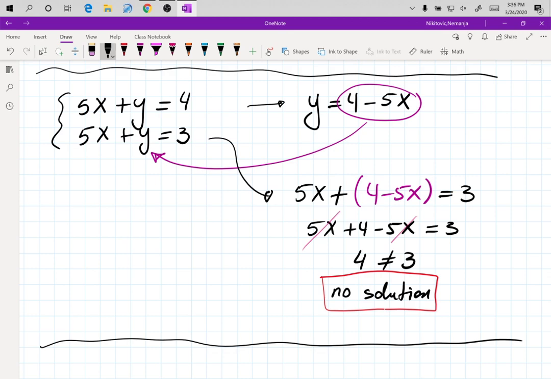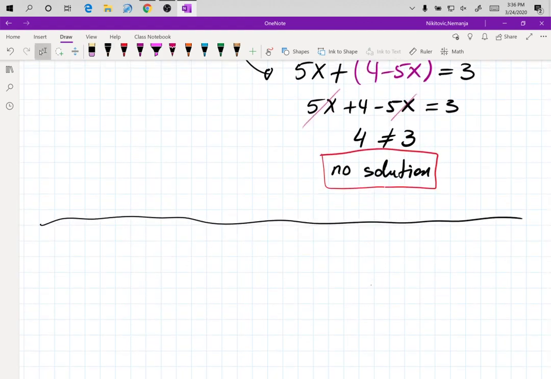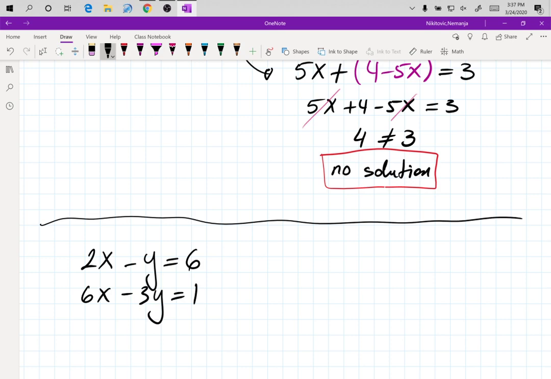Let's see if we can find something else. Ooh, how about this? 2x minus y equals 6, and 6x minus 3y equals, let's say, 18. And let's say this is a system.